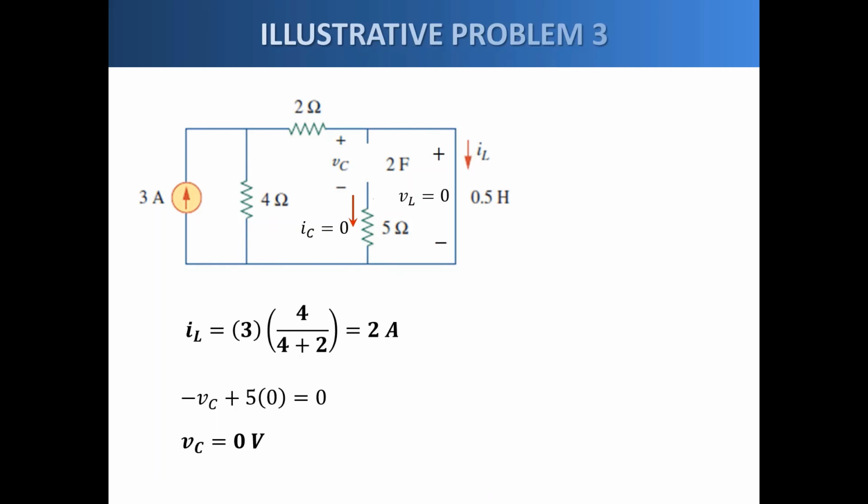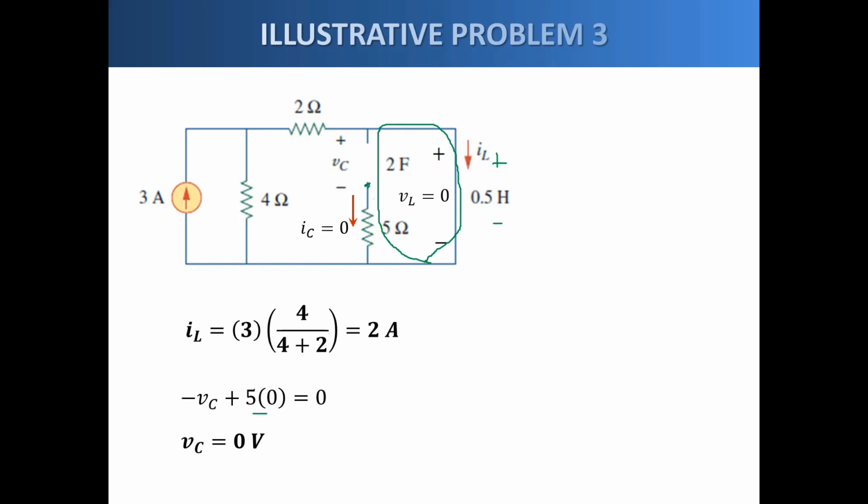We then attempt to find the voltage across the capacitor by performing a KVL. So we find a loop to do that. So we use this loop. So we go around clockwise, starting here. So minus V_C plus V_L, but V_L is 0, so we didn't write that anymore.